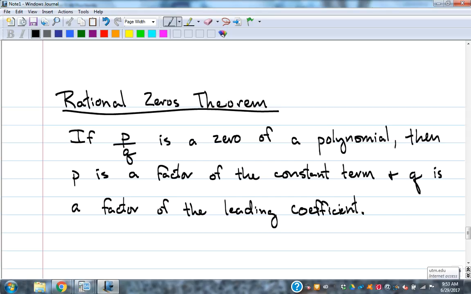That's what it means to be a factor of that number. Okay, so what we're going to do is take a polynomial and break down the possible rational zeros from all the numbers in the world into a small list. It can vary depending on what the numbers are, but it's limited to what it could be.